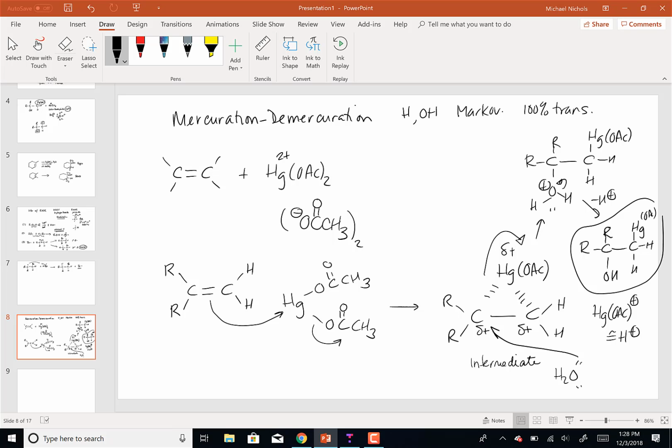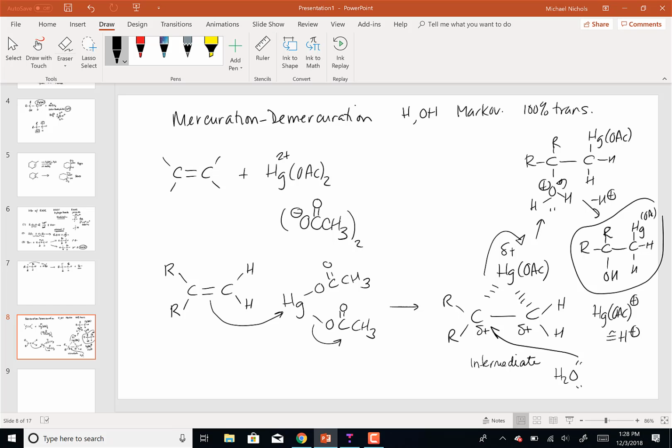So again, this is exactly like a bromonium ion. If you go back and replace the mercury with a Br, you'll see that we did this before. So this sets the regioselectivity as being Markovnikov. It also sets the stereochemistry as being 100% trans.